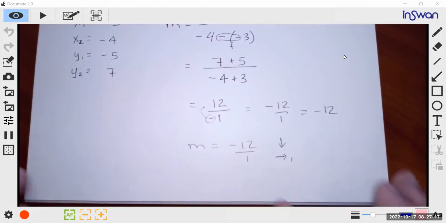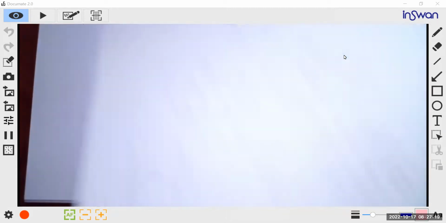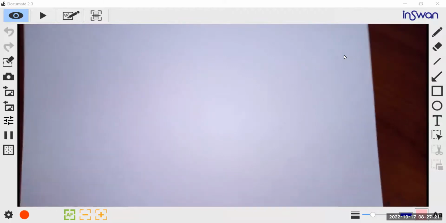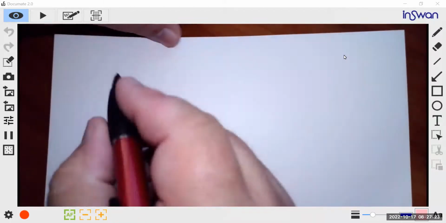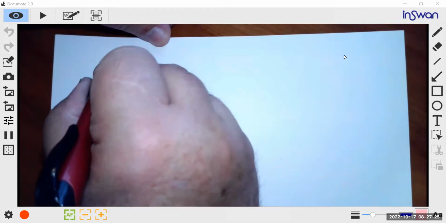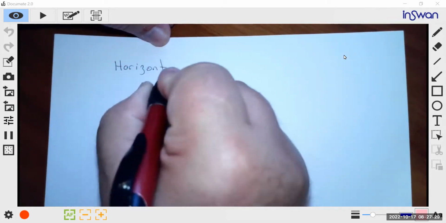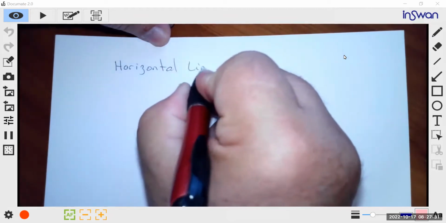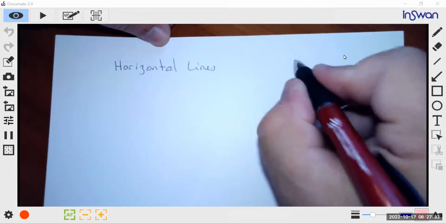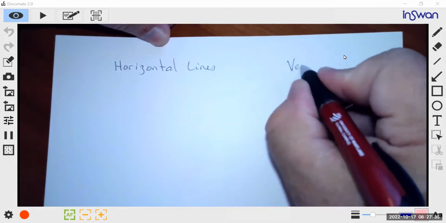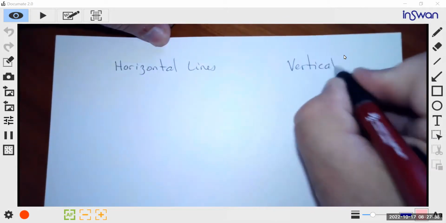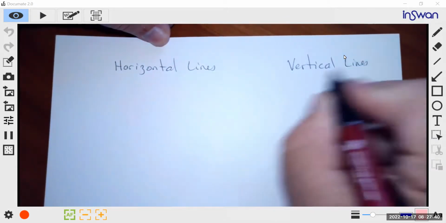Now, there are special cases. We have horizontal lines, and we have vertical lines.